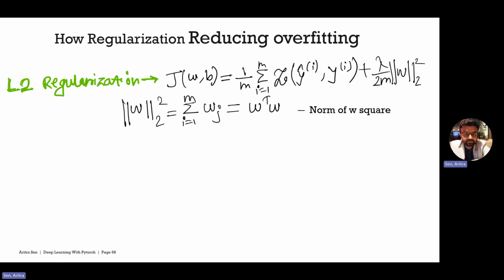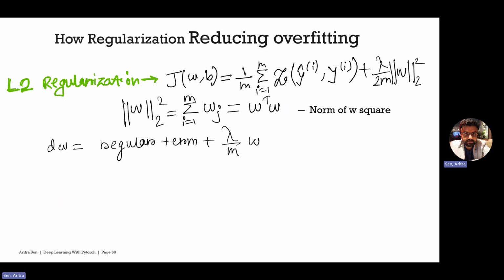Now let's see how regularization helps in reducing overfitting. As I mentioned, this is the formula we use. In case of weight updates, we take the derivative and, using that derivative, do the weight updates. We calculate the derivatives and name it dW.